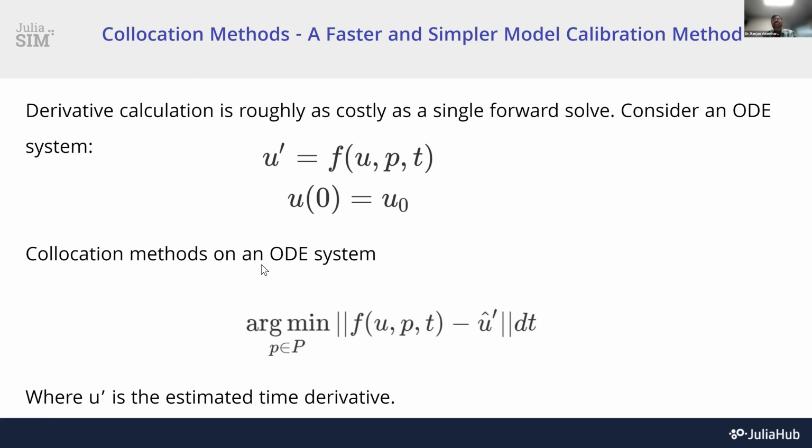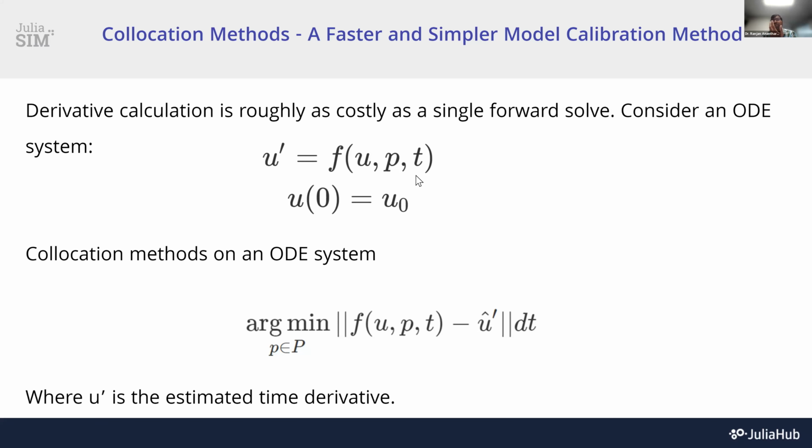The collocation method tries to capture or imitate this function f. For example, many people try to train neural ODEs like this, but by trying to capture just the right hand side. In the case of a typical neural ODE, you still do use adjoint sensitivity methods, but sometimes you can get away with just using collocation methods, and that's what's going on here.